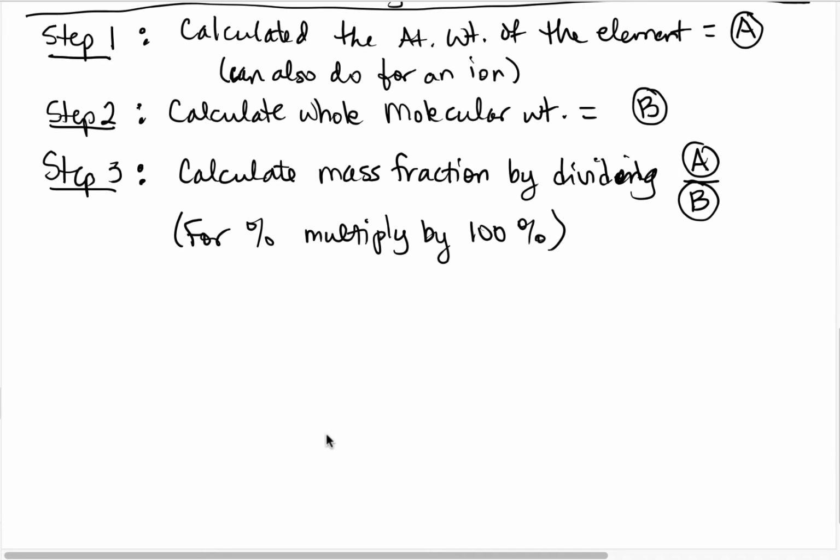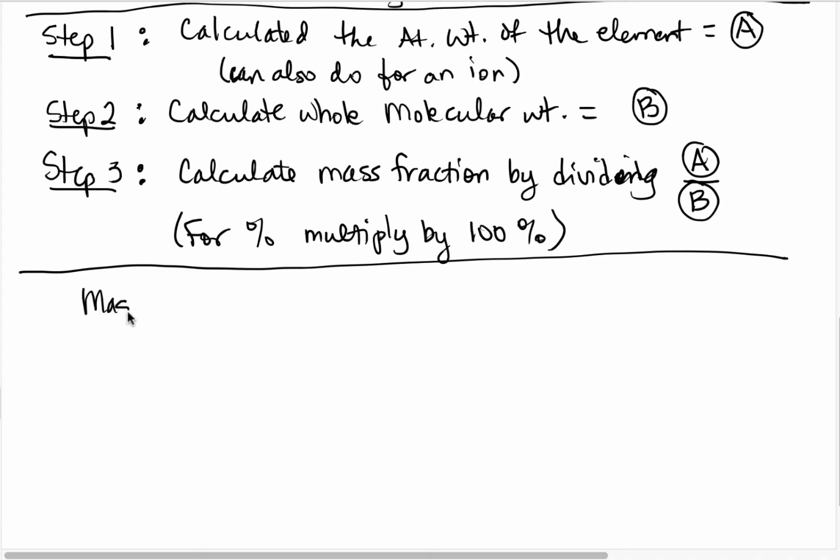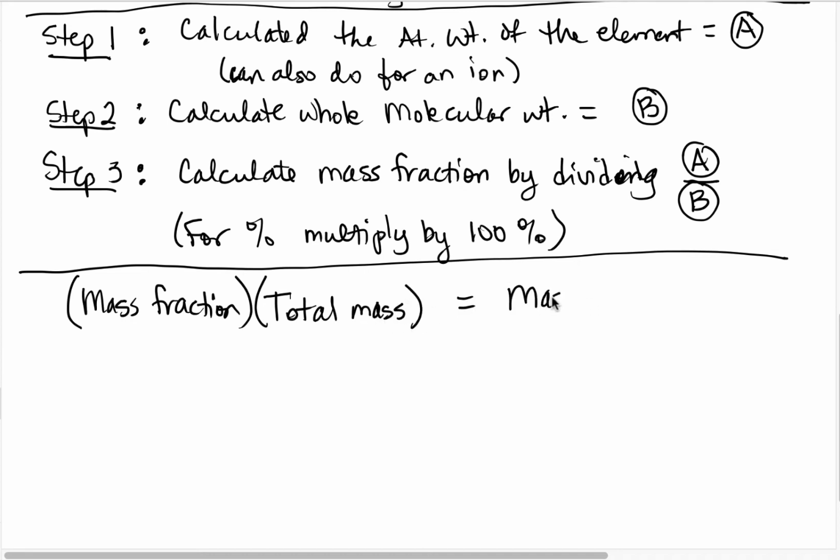Okay, so when we did that and then compared it to real masses, we found that the mass fraction of an element multiplied by the total mass was equal to the mass of that element or component.